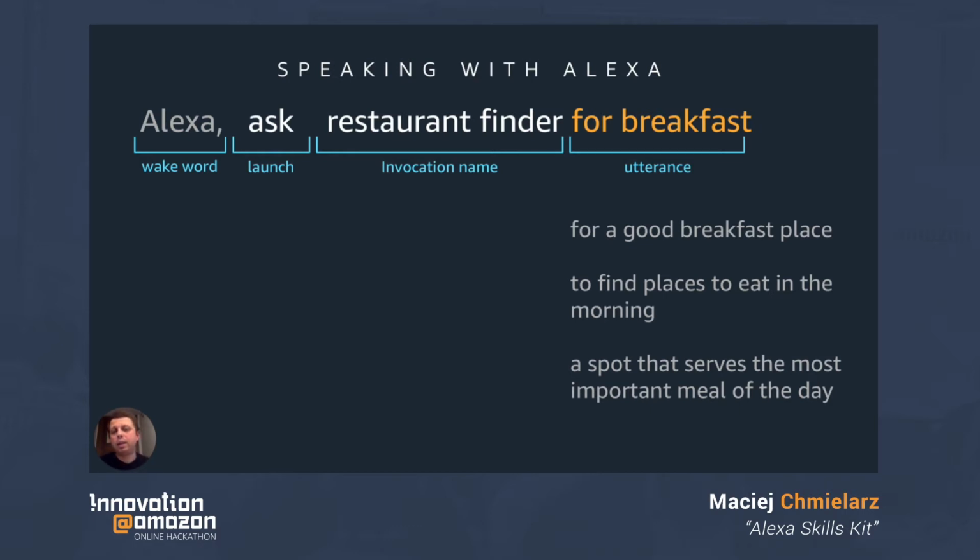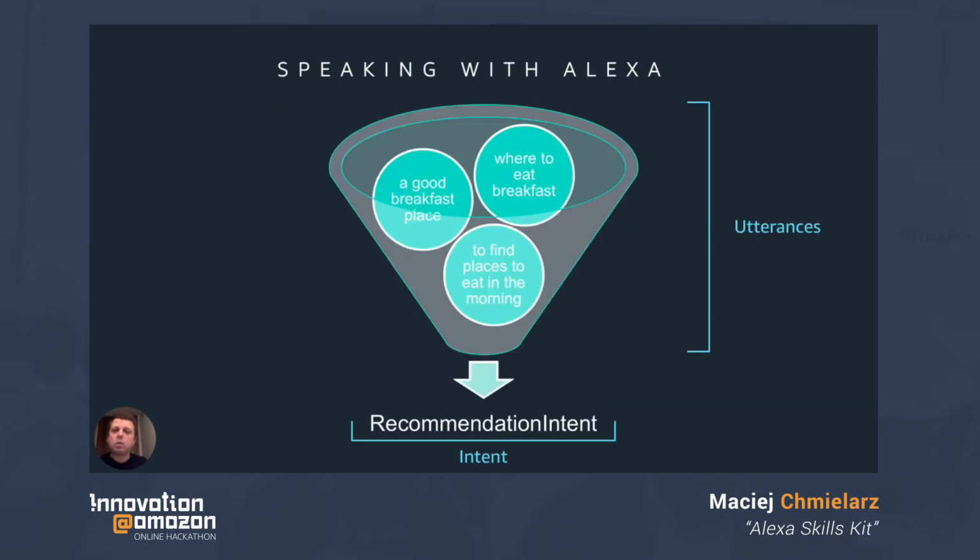Alexa will process that and provide your skill with the key attributes of this utterance so that you can process it and prepare the answer. In the case of the utterances you could see in the previous slide, all of those are put into the recommendation intent, which can later be processed in order to provide a meaningful answer.